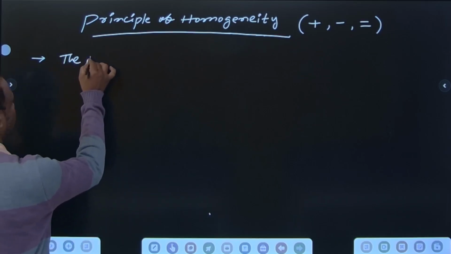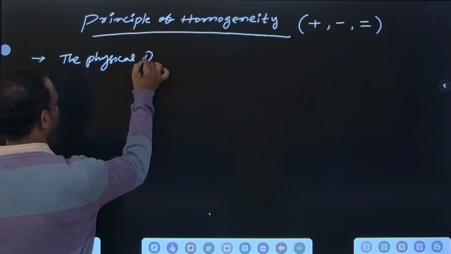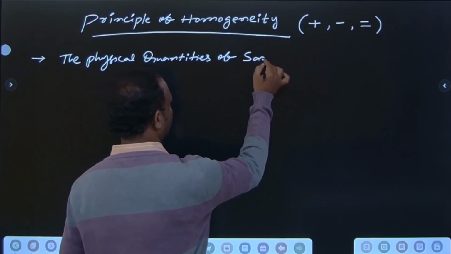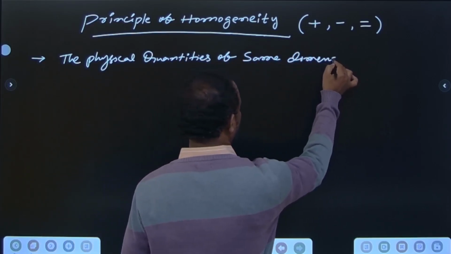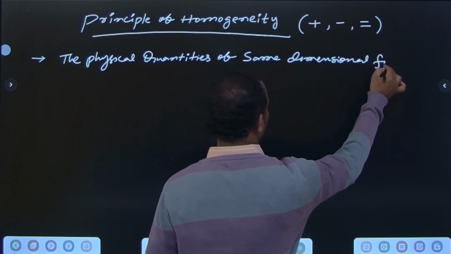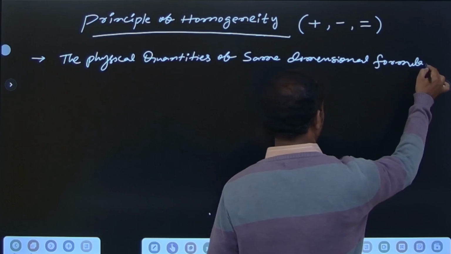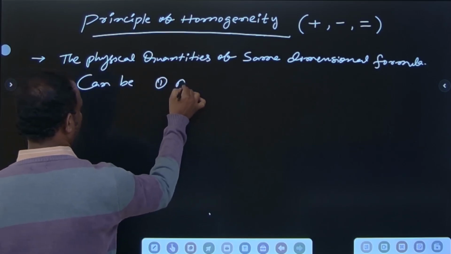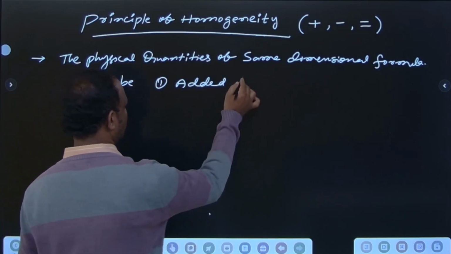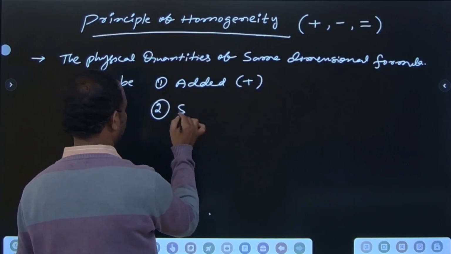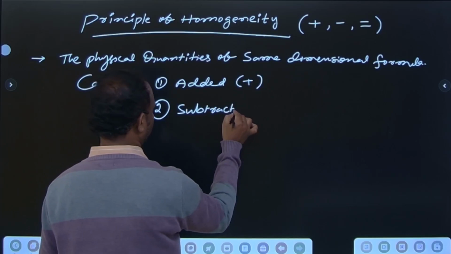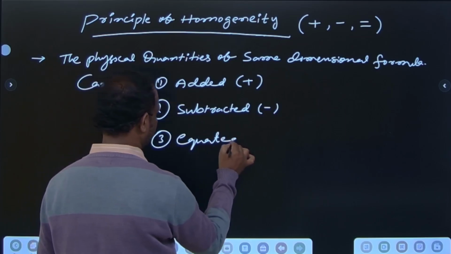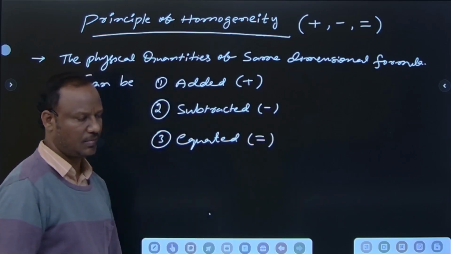The physical quantities of the same dimensional formula can be added, can be subtracted, can be equated, which means equal marks.